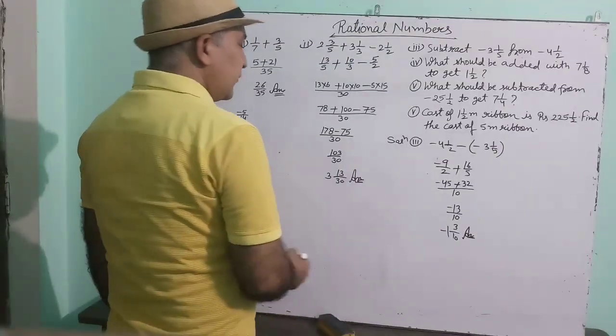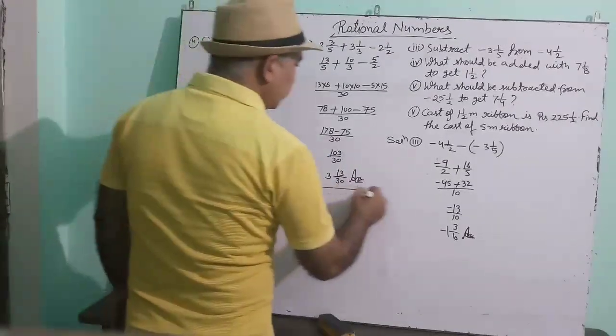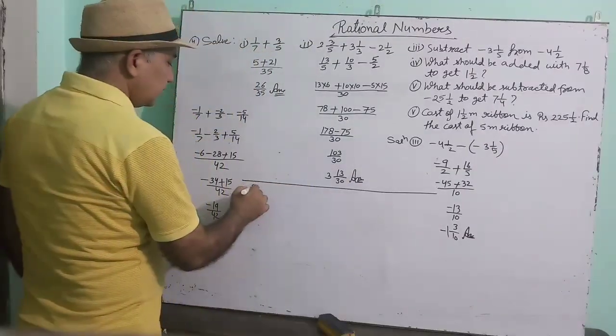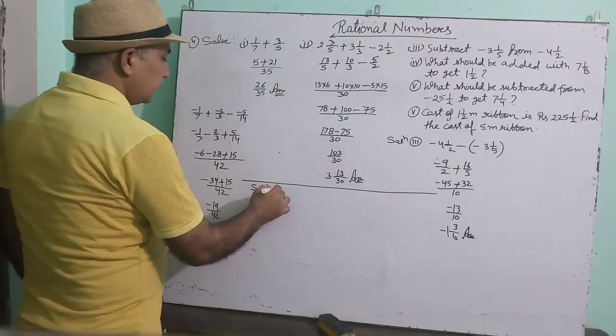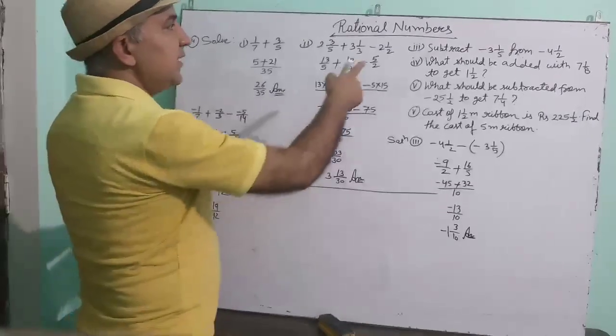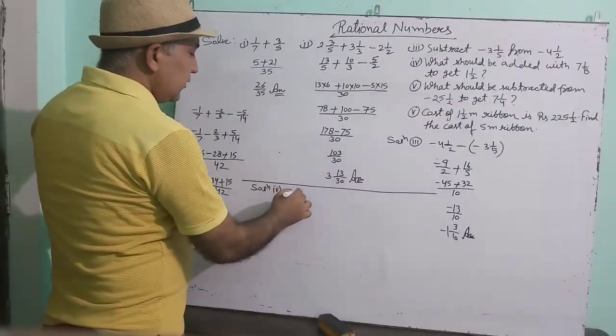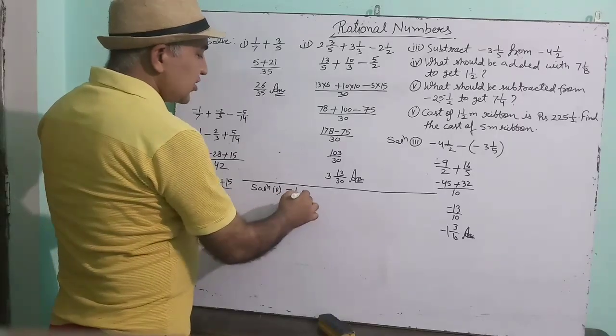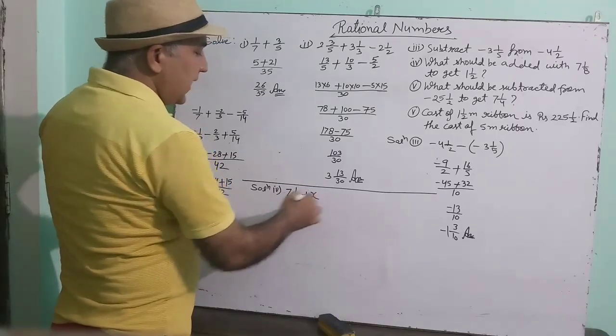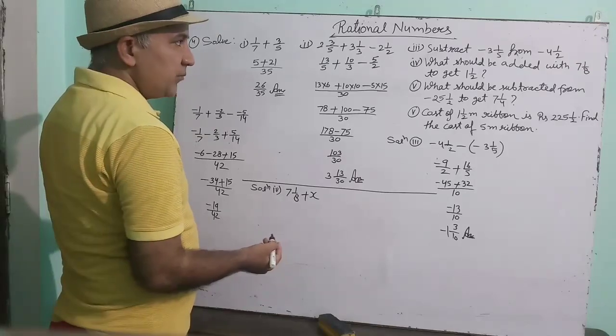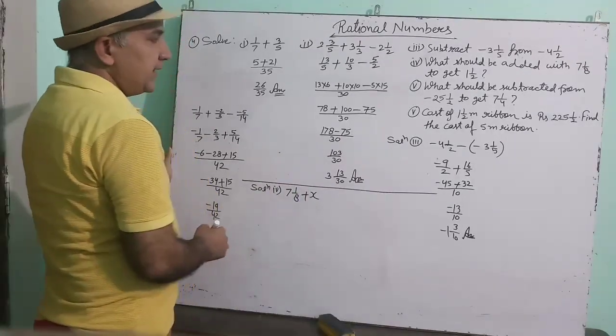Understood? Now see the fourth one. The question is asking what should be added to 7 into 1 by 8. Suppose we are going to add x. You will write a statement: let x be added.